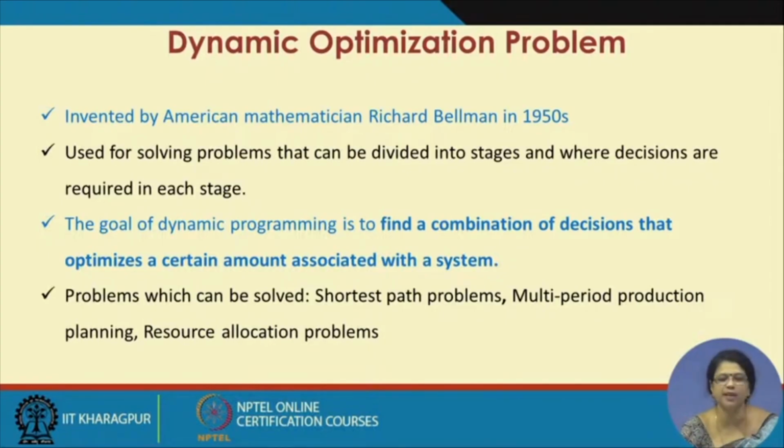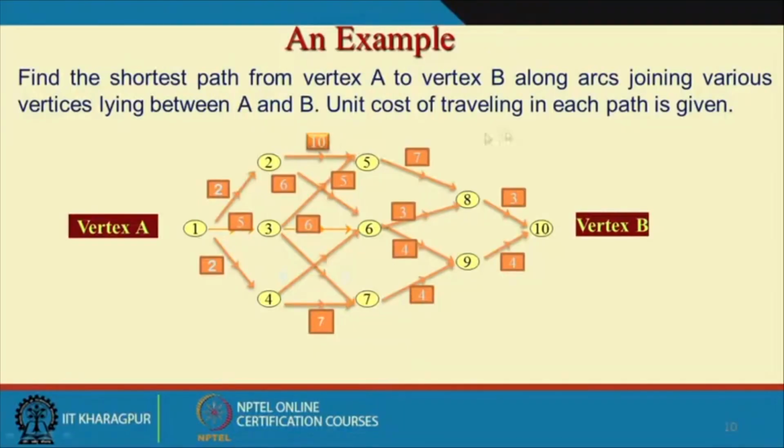And I will show you one example I have prepared for you, for the shortest path problem, to show how it is really done and how the dynamic programming model is considered there. Now, this is a shortest path network problem. Here, I have to move from vertex A to vertex B. There are different paths, the nodes are given: the starting node is 1 and the ending node is 10.